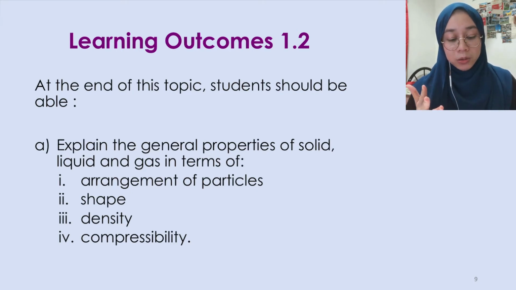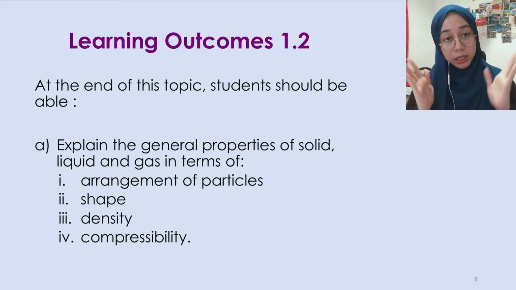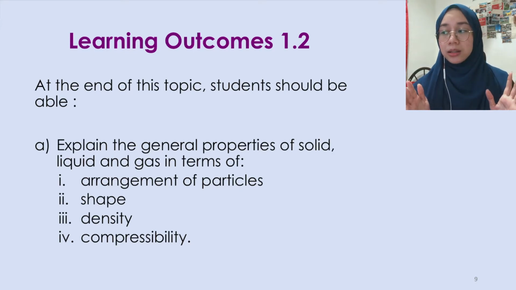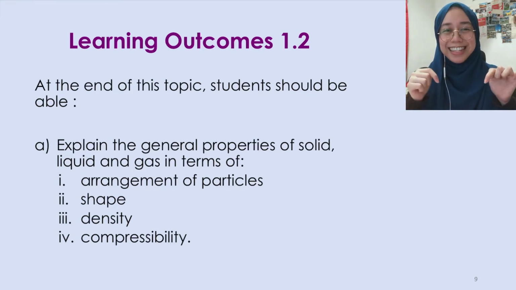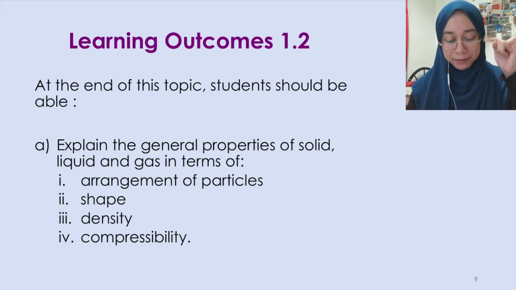Okay, so arrangement of particles adalah susunan zarah tersebut. Shape dia pula, shape lah, bentuk. Density, nanti Miss insert kat bawah ni, Miss tak ingat. Ketumpatan. Lama Miss buffering otak Miss.